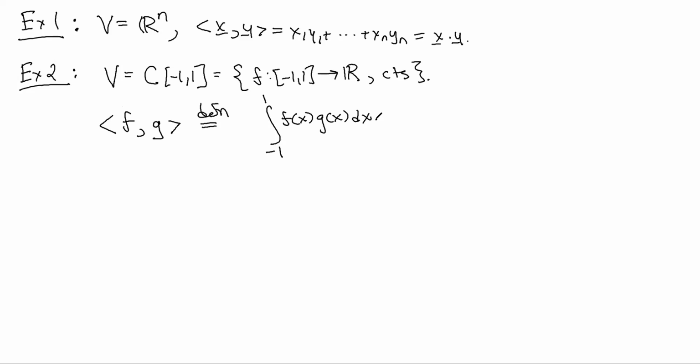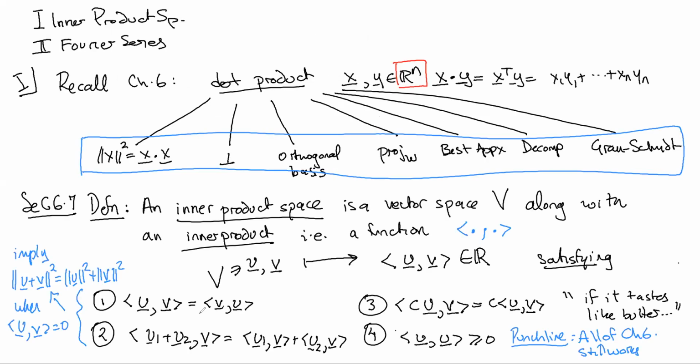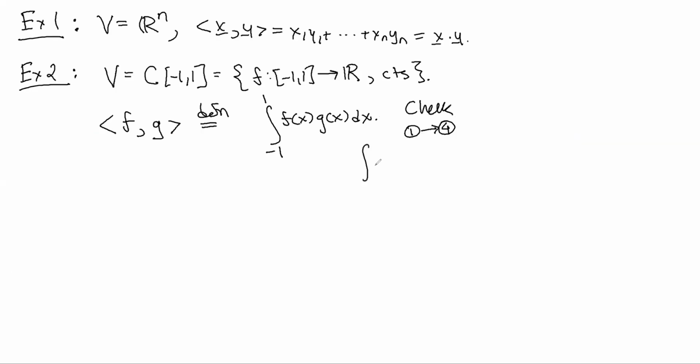And now I'm going to check that it satisfies properties 1 through 4. So you have to check these four properties. I wrote down some function. Does it have all four of these properties? Well, it actually does. Let's just check a couple of them.